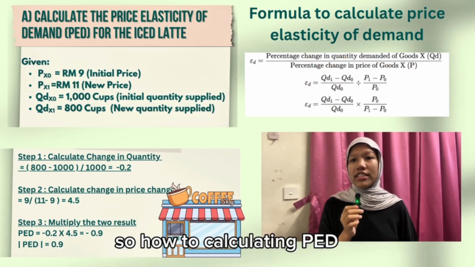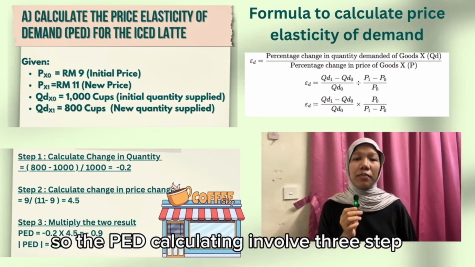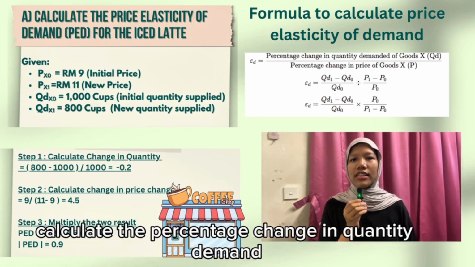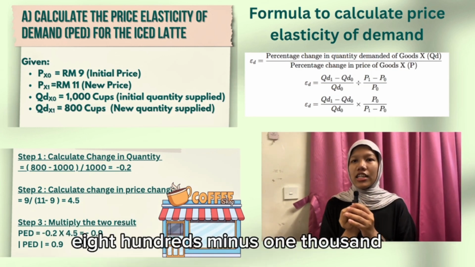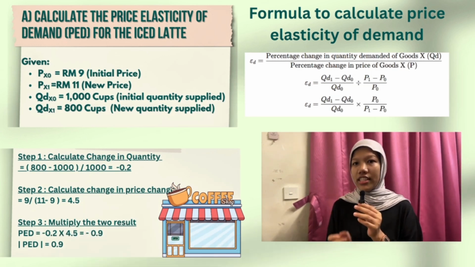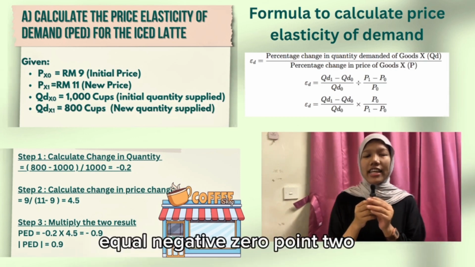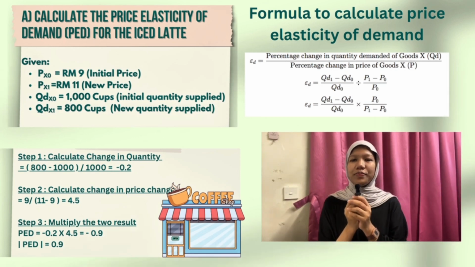So how do we calculate PED? The PED calculation involves 3 steps. Step 1, calculate the percentage change in quantity demanded: 800 minus 1,000, divided by 1,000, equals negative 0.2.